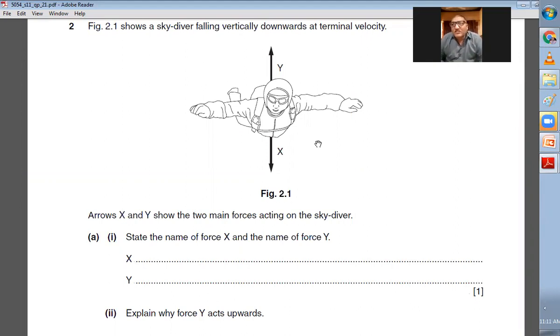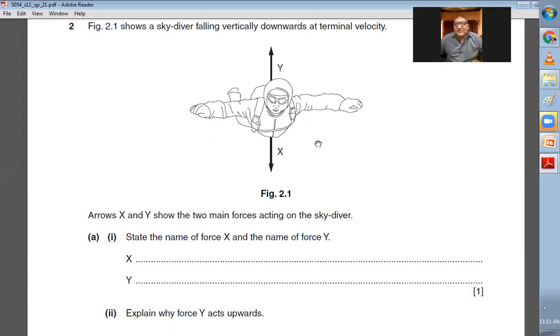The value of Y at the start will be 0. So the resultant force will be weight minus air resistance, in the downward direction, which will be equal to the weight. And then the body will start accelerating downward.